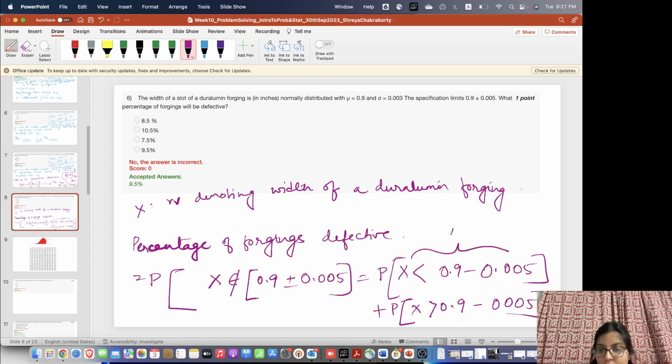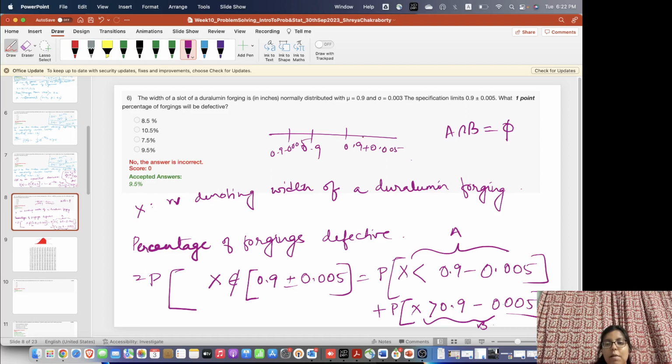Let's say this is event A and this is event B. Now A intersection B is phi. The same number cannot be less than 0.9 minus something and greater than 0.9 plus something. Let's say this one is 0.9, this is 0.9 minus 0.005 and this is 0.9 plus 0.005. If a number is lying here, it can never be less than this. On the other hand, if the number is lying somewhere here, it can never be greater than this.